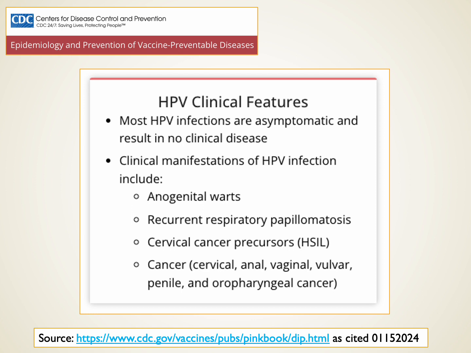So HPV infections are usually asymptomatic, but they can be responsible for a range of infectious processes, including anogenital warts, recurrent respiratory inflammation, and significantly cervical cancer and anal, vaginal, vulvar, penile, and oropharyngeal cancers as well. What's remarkable about this vaccine is that it actually helps prevent cancer.